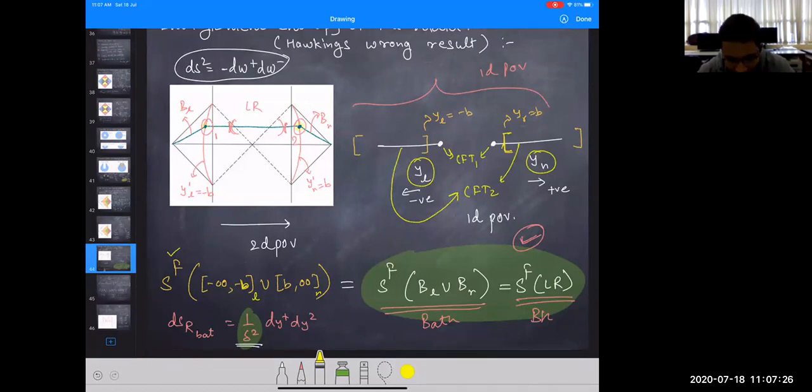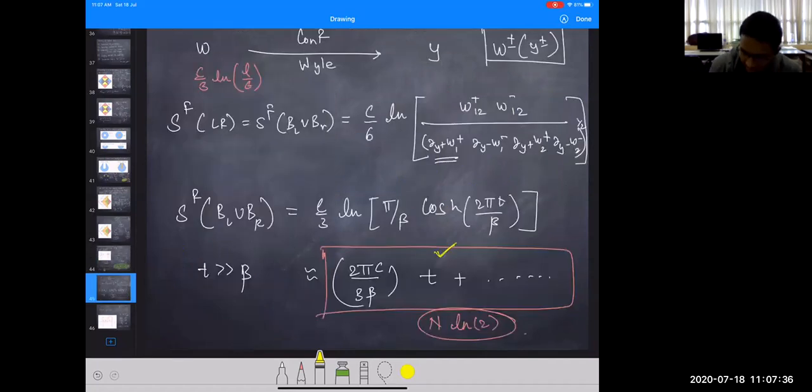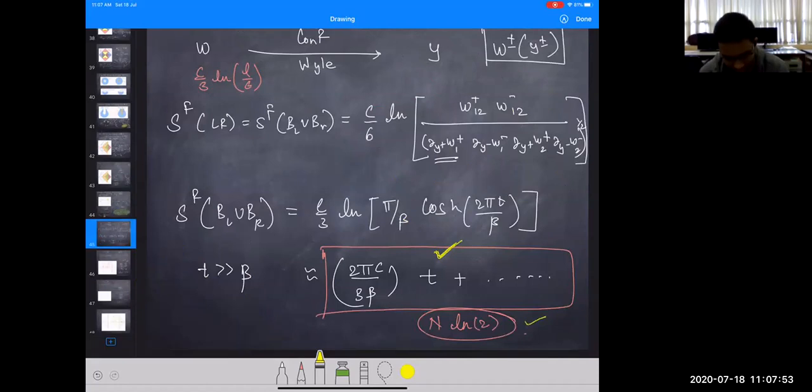So the entanglement entropy of BL union BR cannot grow more than the coarse-grained entropy of the black hole, and that's where the problem is, which is the entropic information paradox. This is just the same computation that I made in a particular model. I have made a constructive, honest-to-goodness computation to show that if you do a naive calculation, you get a wrong result. This is similar to the n log 2 result which I kept talking about in the previous lectures.